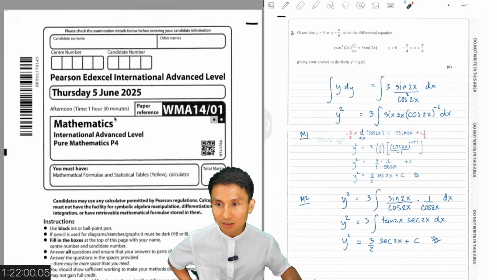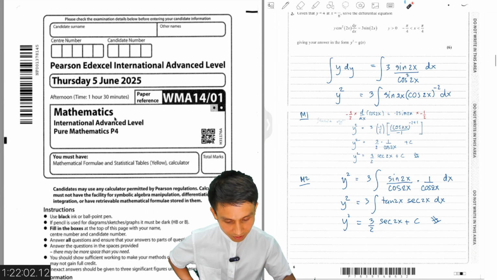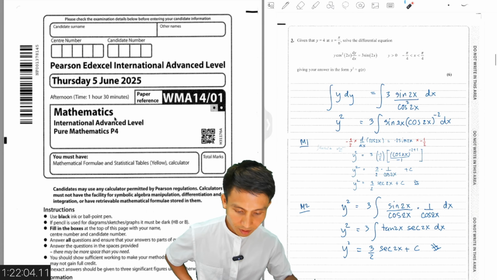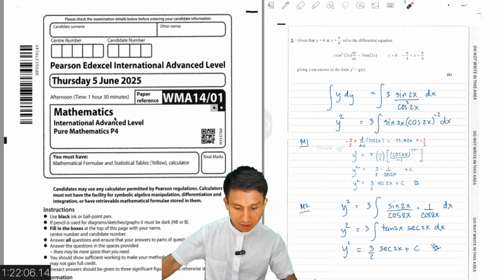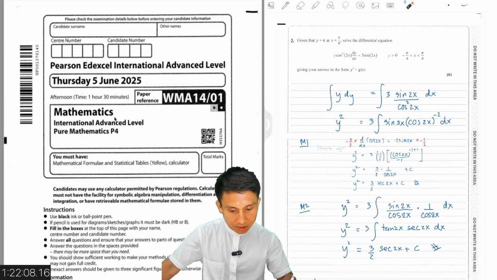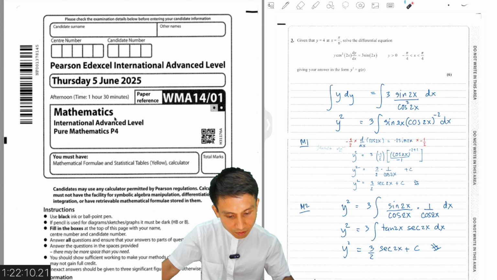Next one here. Okay, so I'm just going to keep this. Next one here. Yeah, so this is separation of variables. So v cos squared there, I move it down. And this one I stressed to you that you should be able to use reverse chain rule for integration.